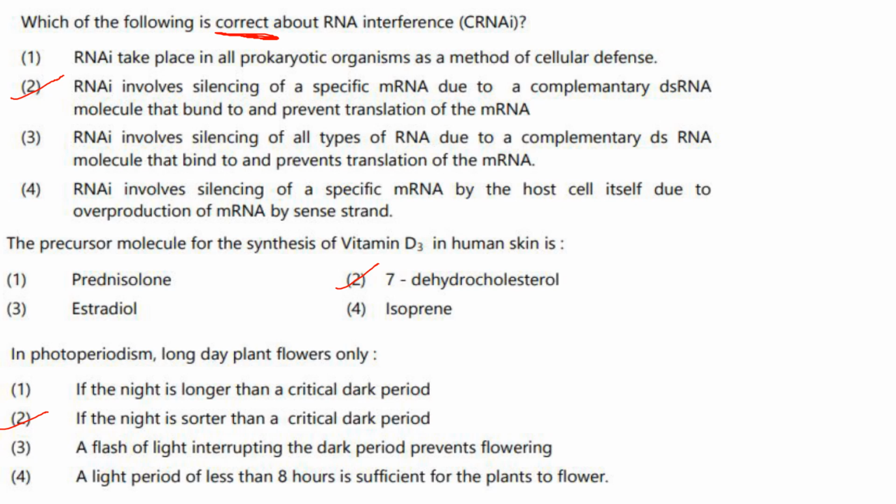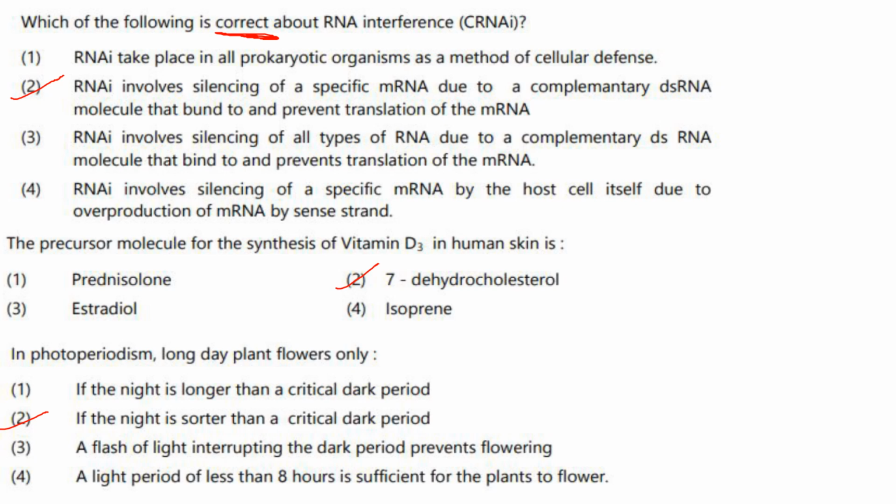It is the response of plants to day length and it influences flowering. So long day plants means they will flower only if day length is longer than the critical day length or night length is shorter than the critical dark period. Only then long day plants will flower.